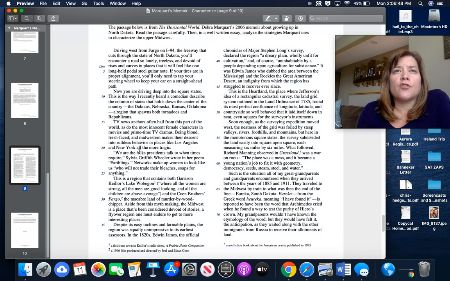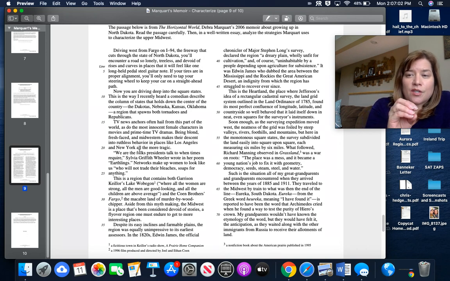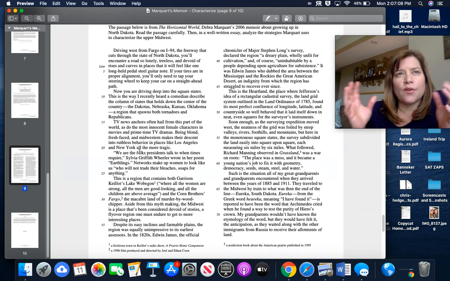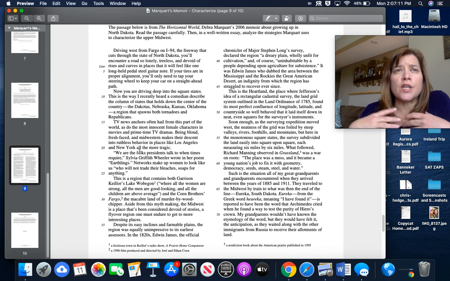And we can characterize the Midwest itself as being uneventful, a place where nothing happens, kind of devoid of any kind of life, I guess. Okay, now that's what that section does, but the rhetorical strategies that she uses to do that are actually very similar. She's using references to a lot of different things.